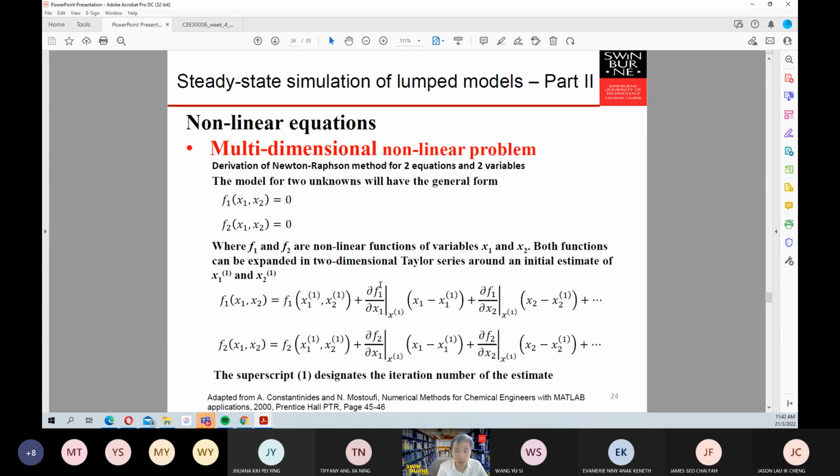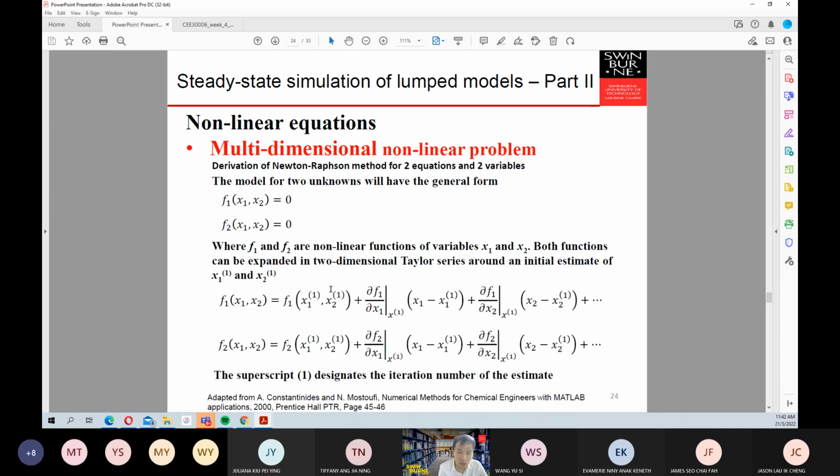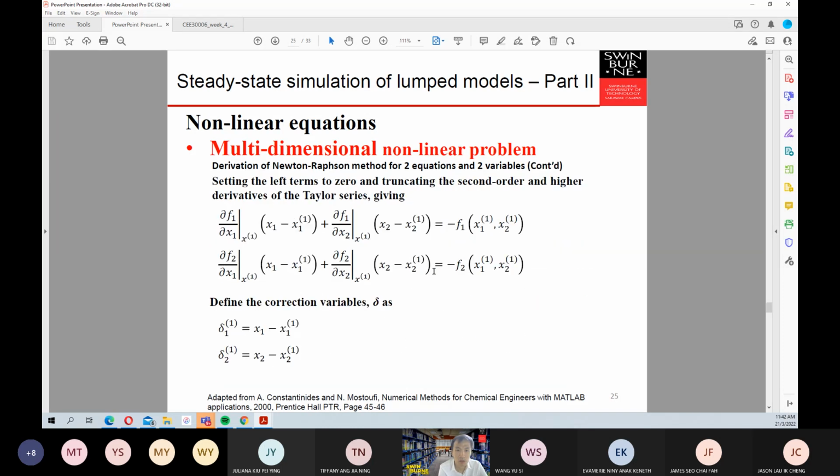So this is how we derive it for two equations and two variables. For example, you have two unknowns in here, x1 and x2. What you can do is expand a two-dimensional Taylor series in here. I will not go into the details, but you can check my derivations in here and ask if anything is not consistent. If we truncate and set this equal to 0, and this one equal to 0, we can get this, and then we can define the correction variables as this.